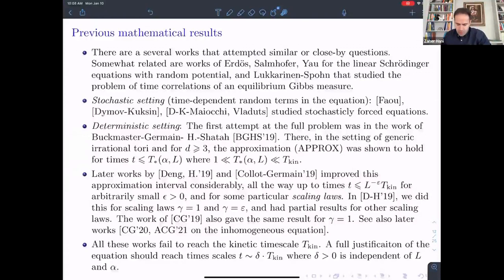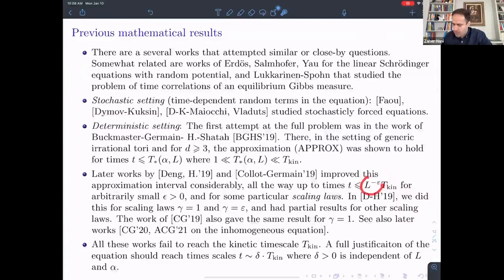We improved the approximation interval so much that we were able to reach times that are L to the minus epsilon times the kinetic time scale, where epsilon can be taken to be arbitrarily small. So this is still much smaller than the kinetic time scale, but it is smaller by L to the minus epsilon rather than by a bigger power factor.